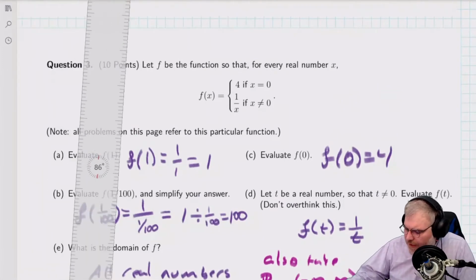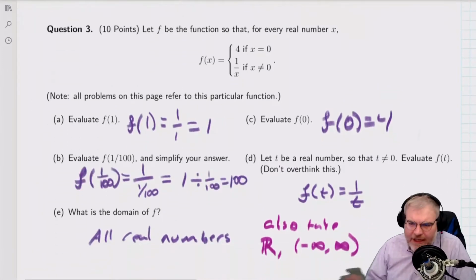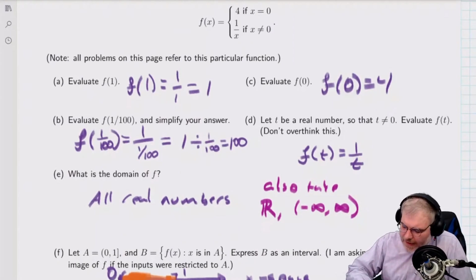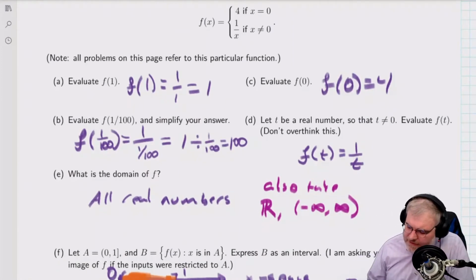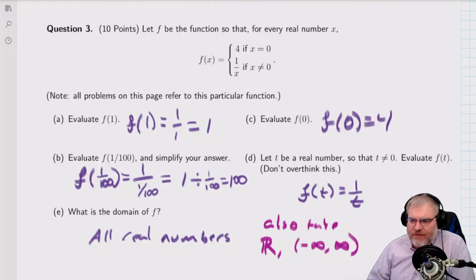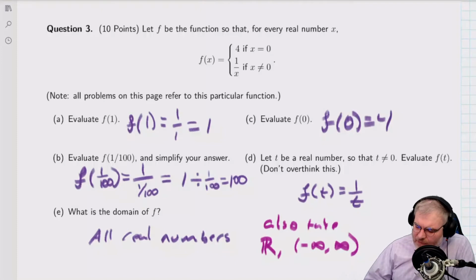This is another one of those things that you should have remembered from pre-calc, although it's a little bit different in the way it's presented. Here's the function I want to play with: f of x equals 4 if x equals 0, and 1 over x if x does not equal 0. Evaluate f of 1. Well, f of 1 equals 1 over 1, which equals 1.